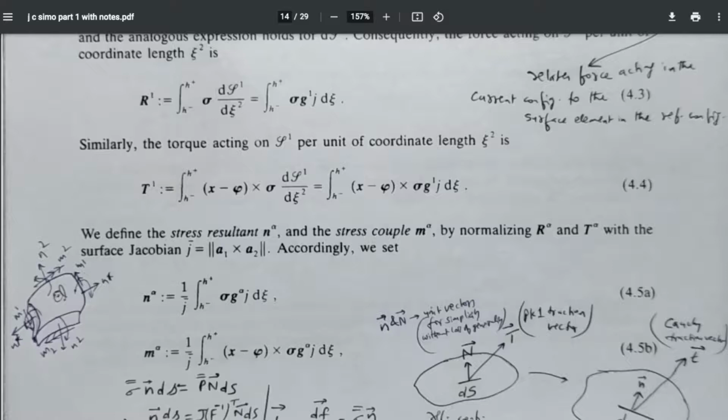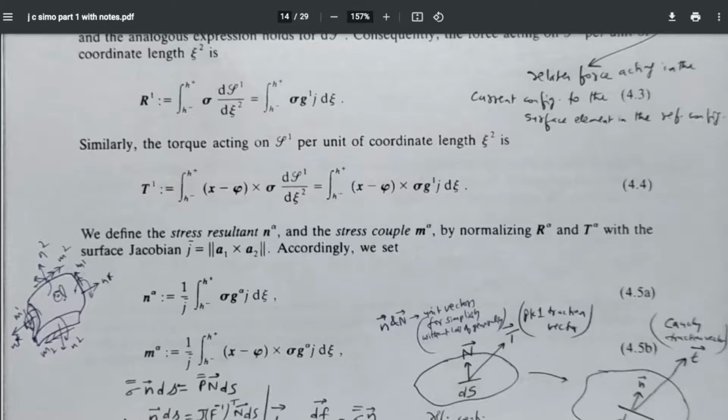This is how we get n alpha. So both n1 and n2 are the forces. Basically they are the integrations of the sigma Cauchy stress over the thickness. That's how we get this n alpha, and similarly m alpha is the moment of that force.